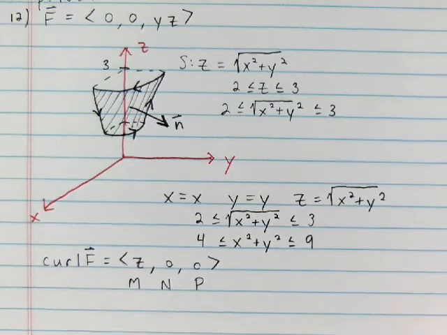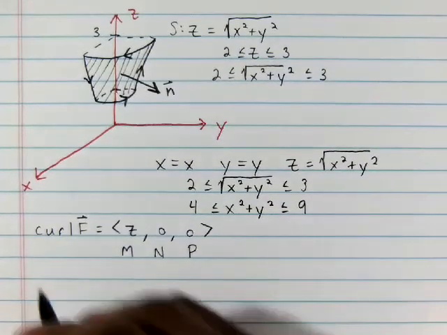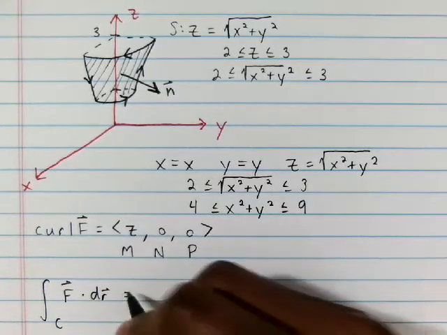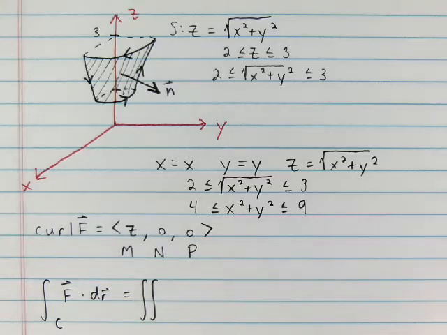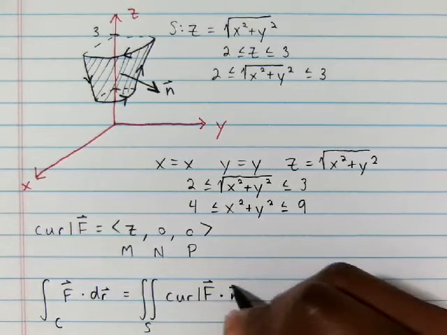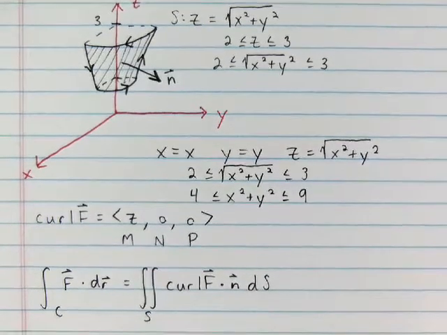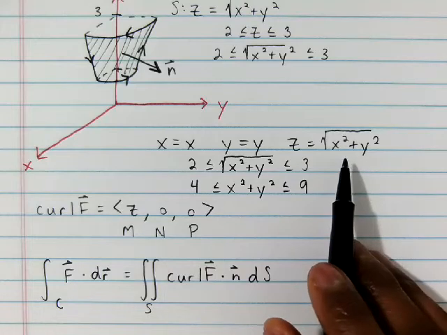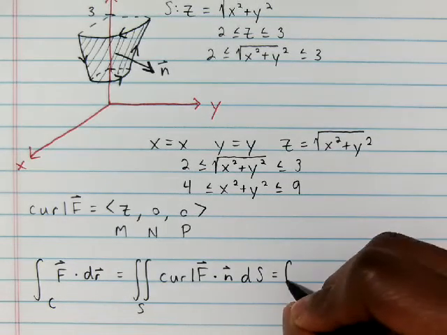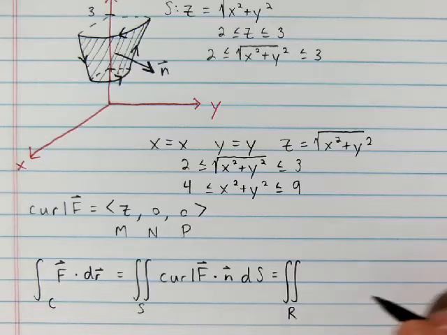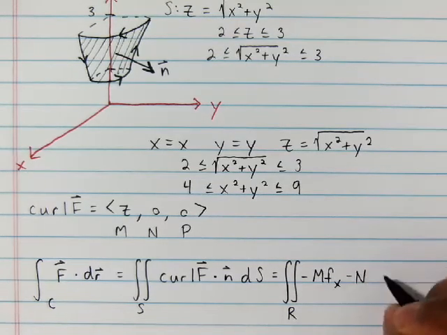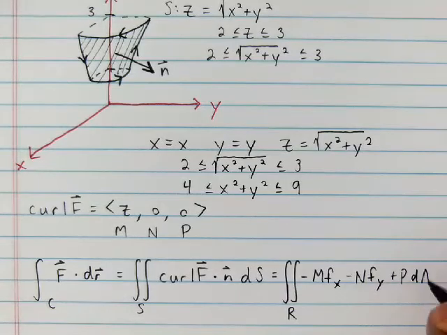All right, so now we were told to evaluate the line integral over c of f dot dr, but we were told to use Stokes' theorem, which means we have no choice but to instead evaluate the surface integral over s of curl of f dot n dS, which for us, because we used our favorite parameterization, that's already set up for us, and that is equal to the double integral over r of negative m times f sub x minus n times f sub y plus p dA.